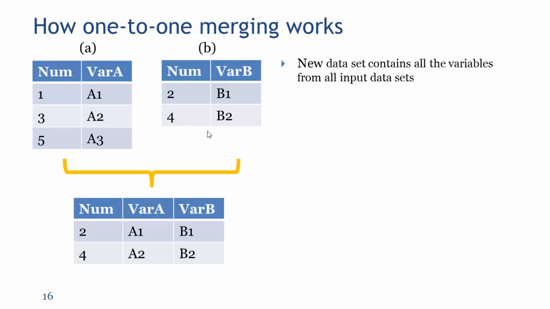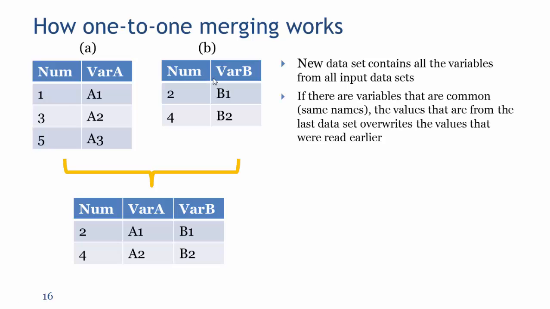So in one-to-one merging, the new dataset contains all the variables from all input datasets. The new dataset here contains all the variables that we have in the input datasets. If there are variables that are common, that is, the variables with the same name, the values from the last dataset override the values that were read earlier.